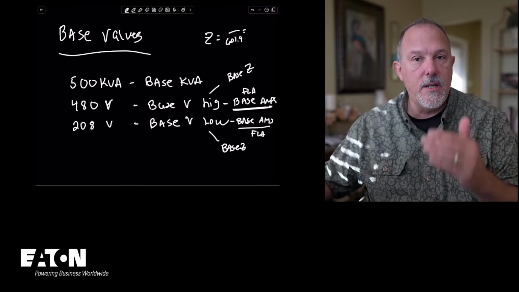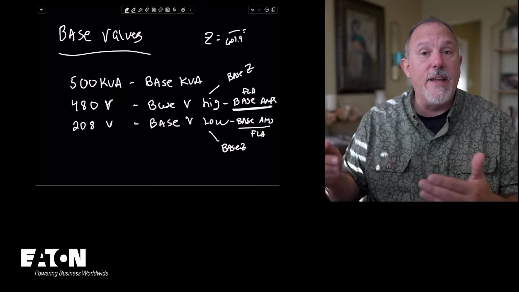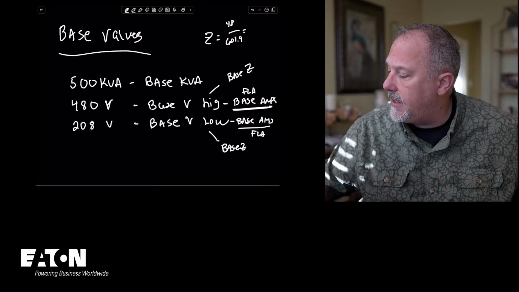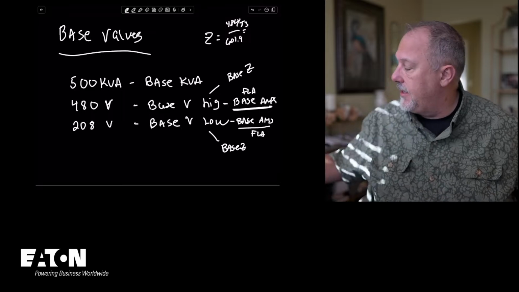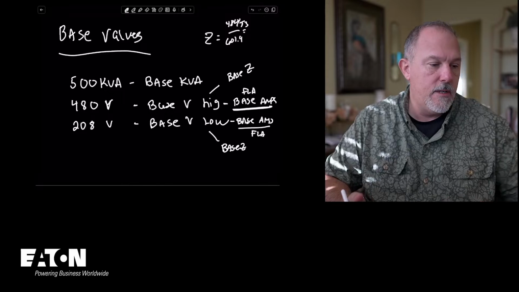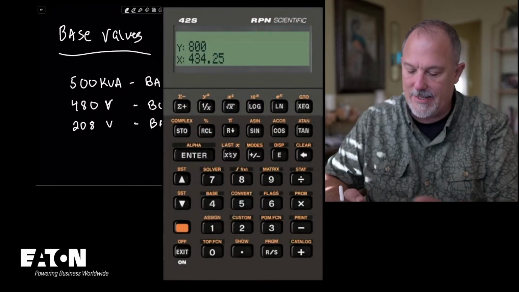And because we're dealing with a single phase, a phase amp, I take 480 divided by the square root of 3. Hopefully I did this right. Yes, I did it.